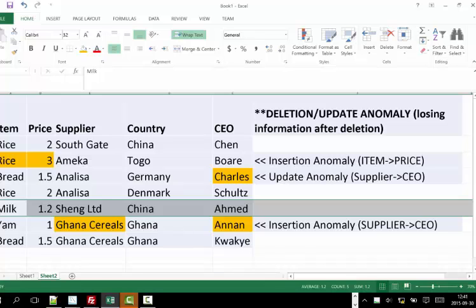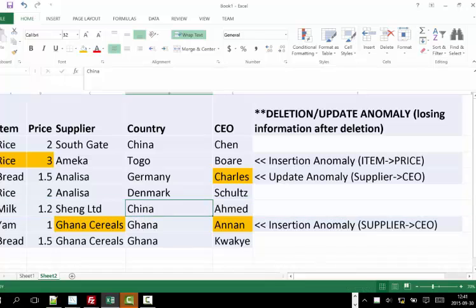Right? So as much as possible, even for deletions, you also have to ask yourself, am I losing information? For updates it can happen as well. For example, if I updated and maybe Sheng Limited, I used a different company name, I could also lose information about Sheng Limited. Right? So for deletion anomaly, usually it's the fact that we are losing some information that we would like to have.